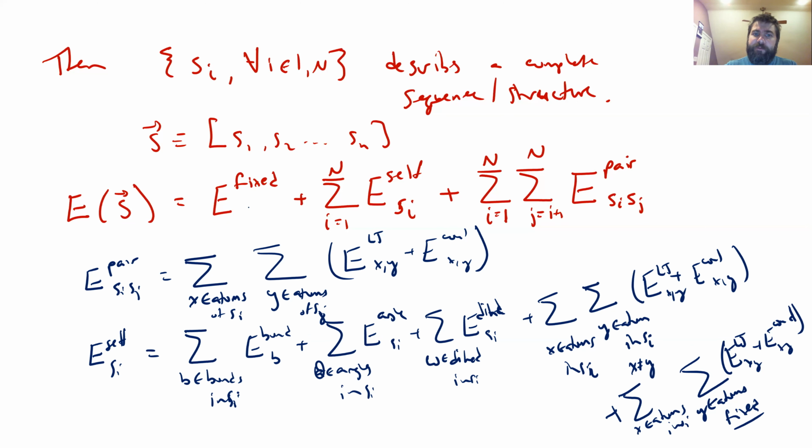When we add up all of these, this covers all of the individual terms. Now, when we think about this, we think about how many of these things we need to compute. The fixed energy is something that we just have to compute once per design.